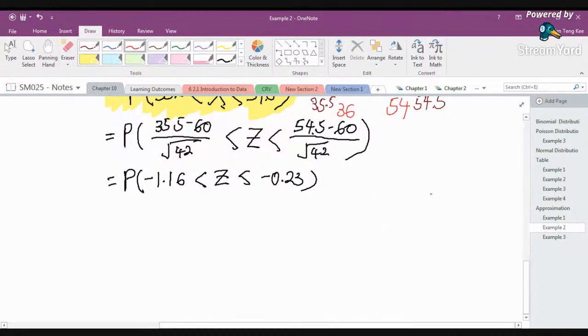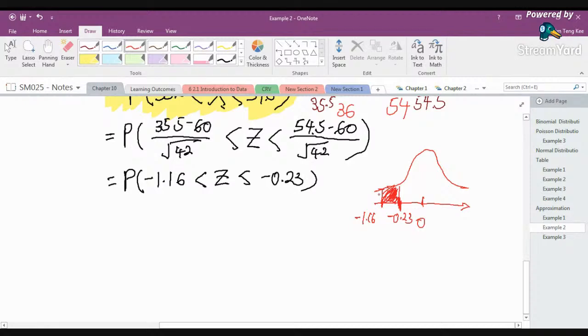Again, we consider the bell-shaped diagram. Middle is 0. Negative 1.16 and negative 0.23 are somewhere on the left of 0, in such positions as comparison. And here will be the regions I want to find.